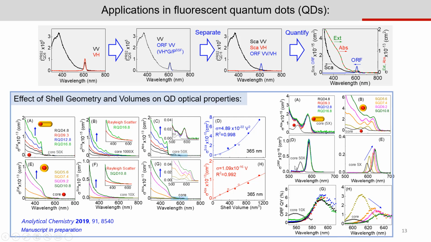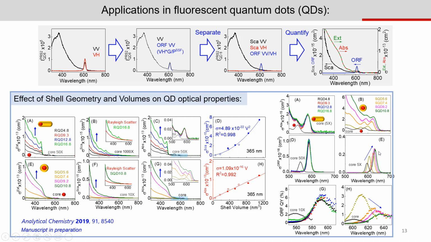For rods, the shell elongation does not have further impact on the absorption or the ORF once the shell thickness surpasses a critical volume. In contrast, increasing shell volume can keep increasing the absorption and ORF activities for the spheres and also cause wavelength redshifts.